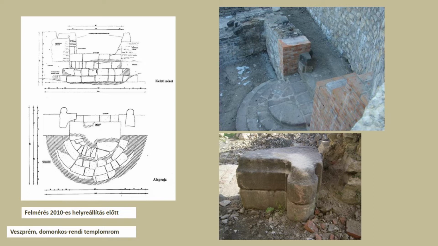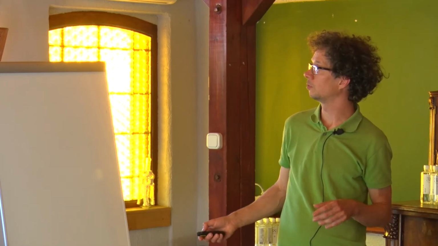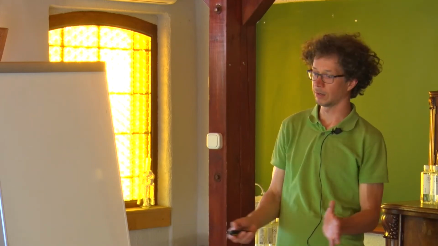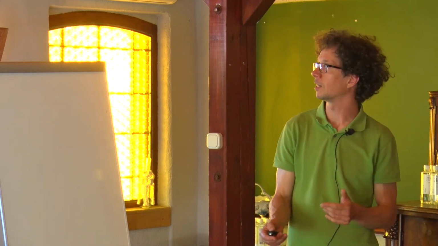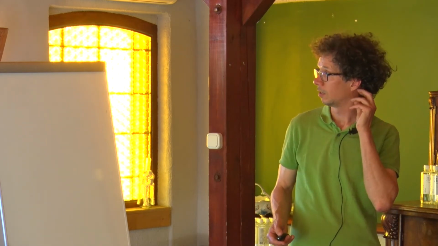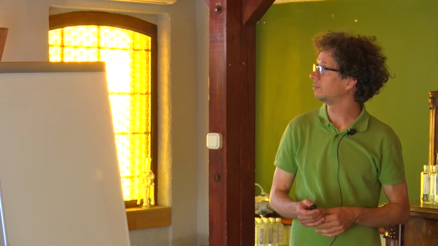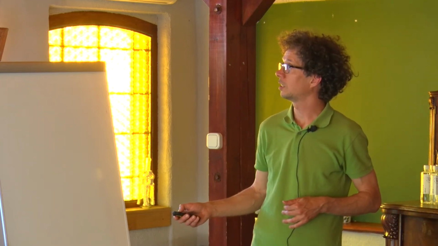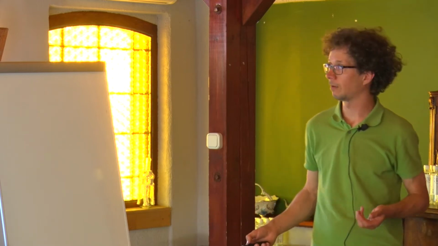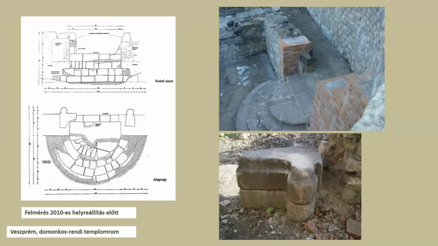There were 3 different levels there, and this structure was reconstructed in a way that they didn't have enough stones to reconstruct. And though these stones didn't fit, it didn't disturb the builders who reconstructed this gate. The missing stone elements were replaced with bricks.